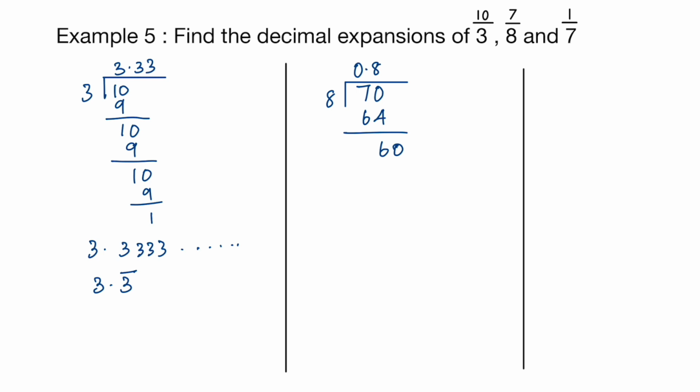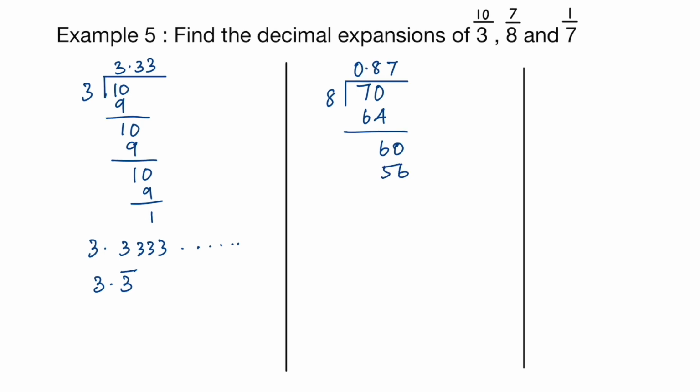So how many times of 8 will go in 60? 7, right? 7 times 8 is 56. So that would give you a remainder 4. And again the 0 comes down, and 8 times 5 gives you 40, and that gives you a 0 remainder, and that is the end of it.